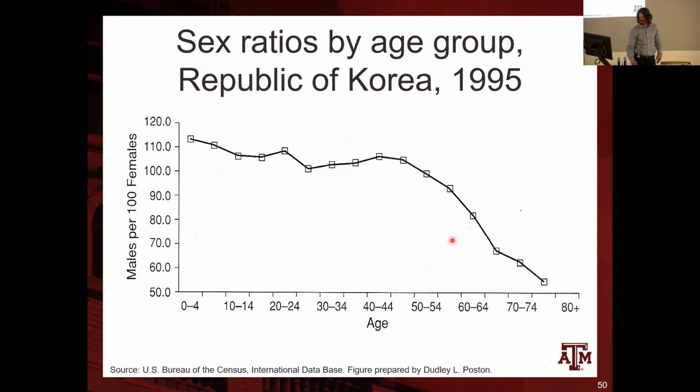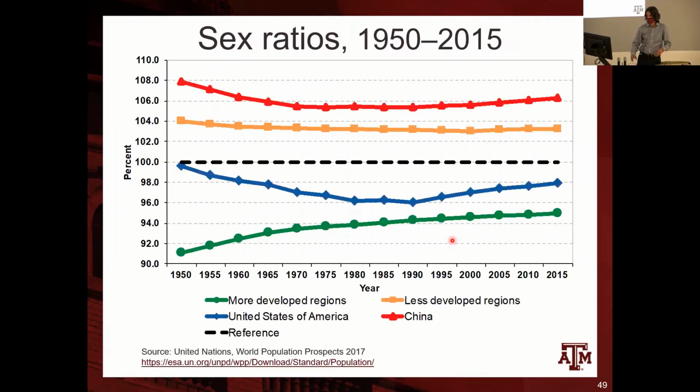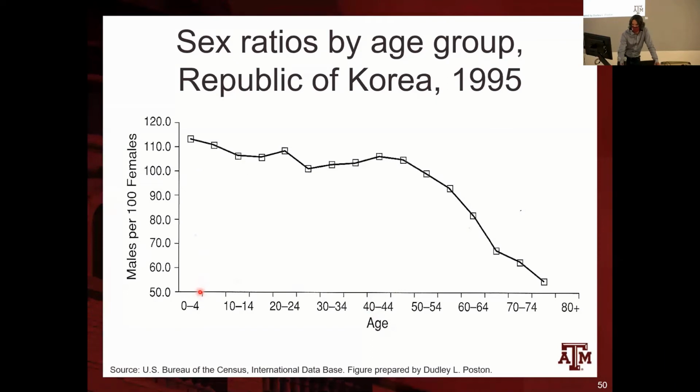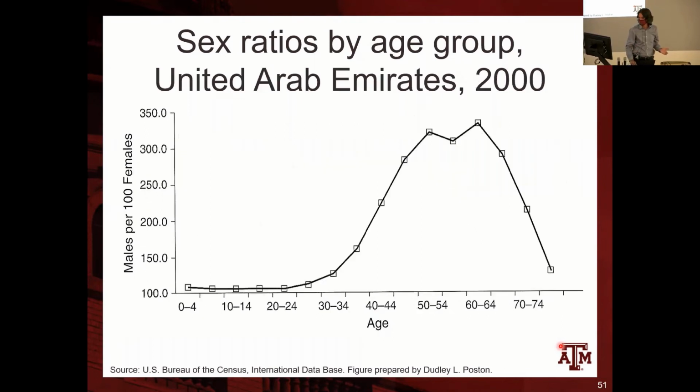Okay? So in this graph here, we have several years for these four different groups of countries, and in this one here, we have one year, one country, but several age groups. So just to show you that this simple measure of the number of men divided by the number of women multiplied by 100 can give a lot of information about these countries, okay?